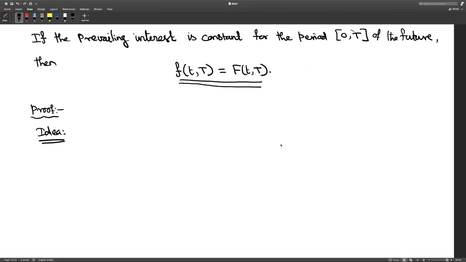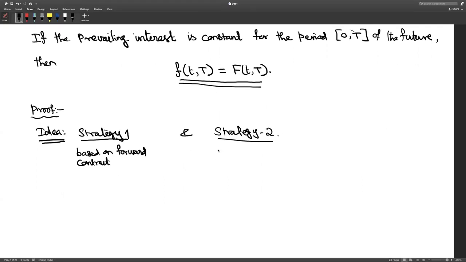The idea of the proof is to establish two strategies, strategy 1 and strategy 2. Strategy 1 is based on a forward contract and strategy 2 is based on a future contract. So the strategies are built in such a way that the resulting portfolio has the same final value.